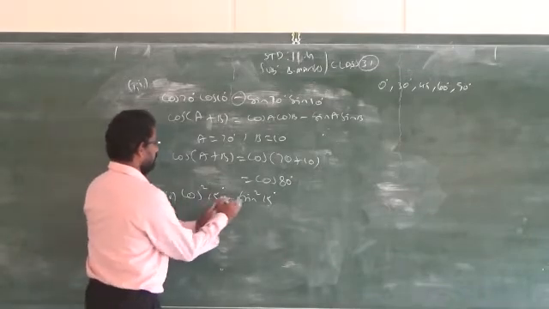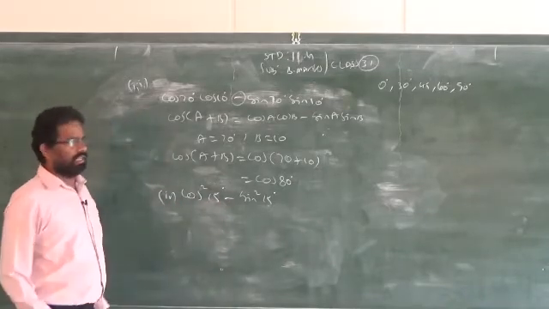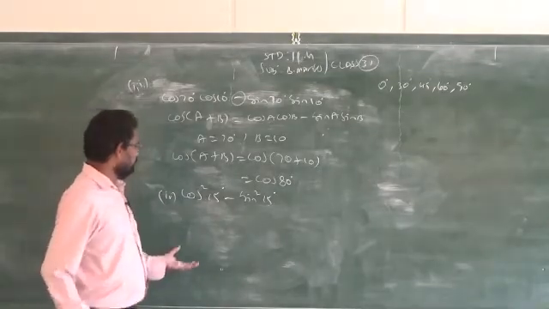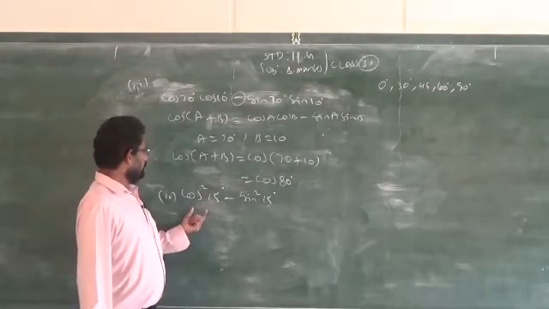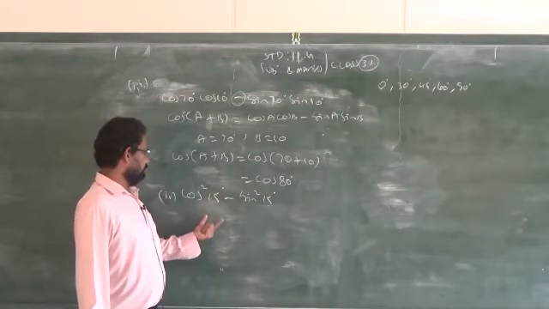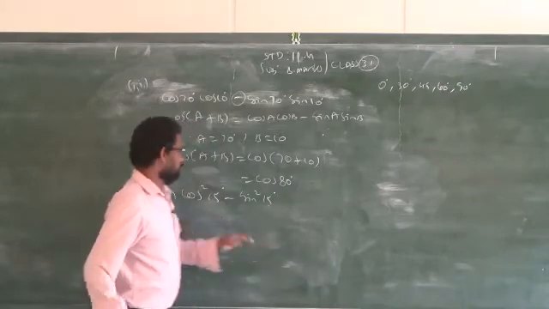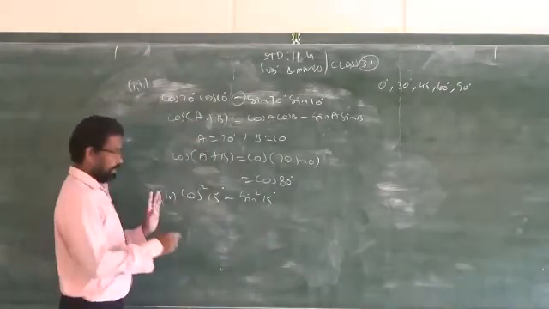This is just like one formula, that is the A square minus B square formula. You can write A square minus B square formula, and if you replace it, you will get cos 15 degree minus sin 15 degree, then cos 15 degree. I did this just for explanation purpose.